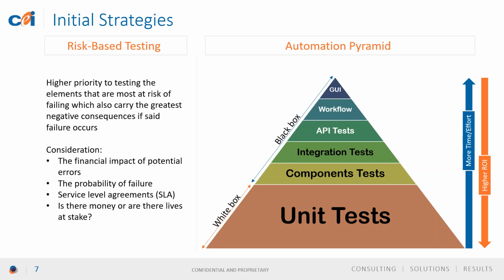Is there money or are there lives at stake? There are several systems that deal with such important matters, like the gas detection industry, banks, the financial services industry, etc. These assessment areas will give you a good method of prioritizing which test cases or scenarios to automate to start with.